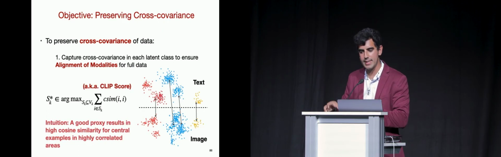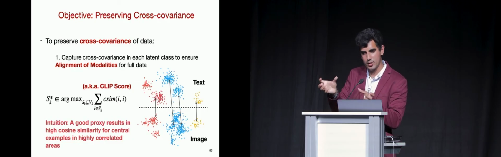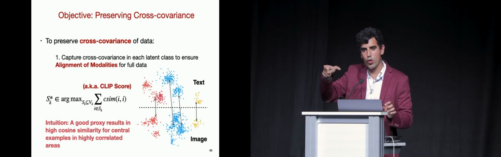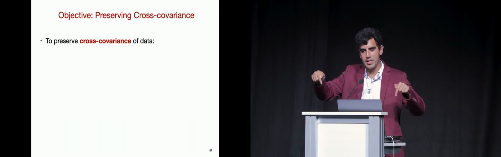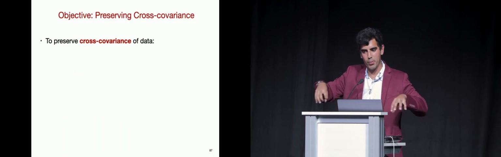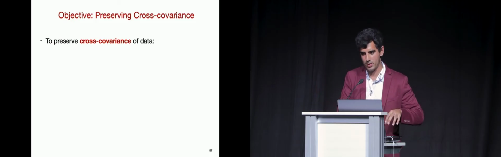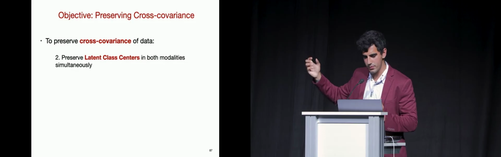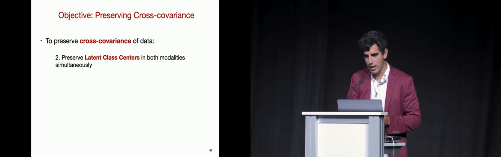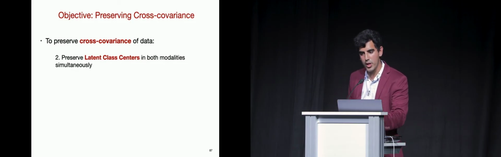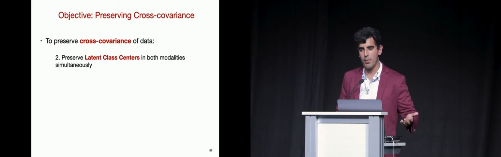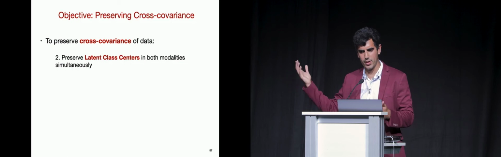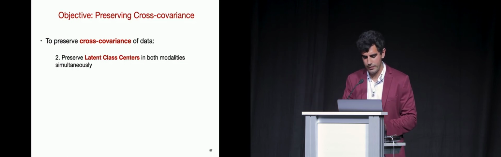And by picking the examples that are highest in this value, we're going to be picking the examples that are in the most correlated areas. You can think of these as the most central examples in different subgroups within a latent class. So visually, that looks like this. And this particular part of our objective is also known as the CLIP score. This is a baseline we use later in our experiments.